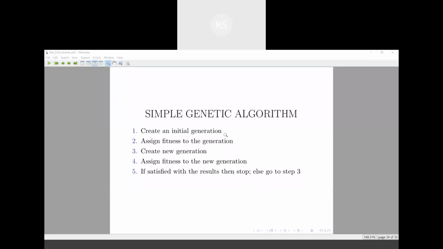You keep asking the random number generator what the digit should be here, 0 or 1, with the probability of 0.5. Then assign fitness to the members of the generation. Now, create a new generation. For creating a new generation, make use of the roulette wheel, crossover, and mutation, create the new generation, and assign fitness to the new generation.